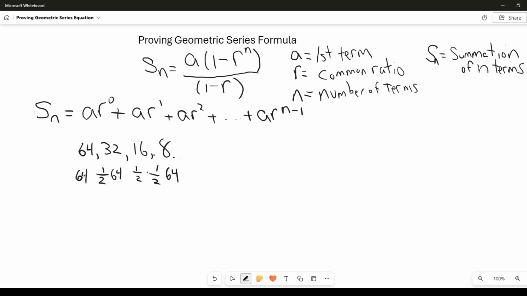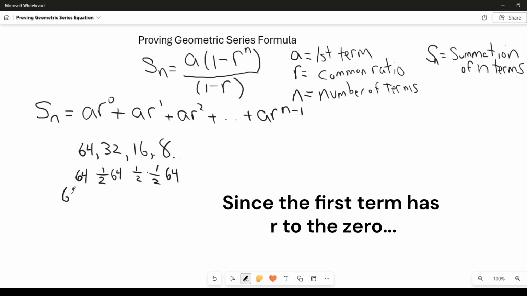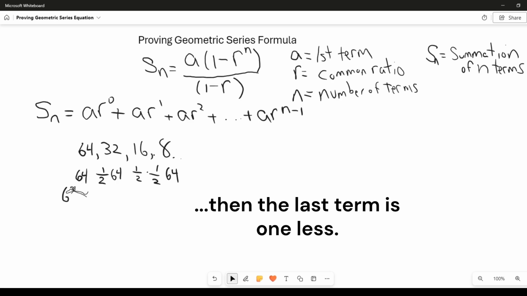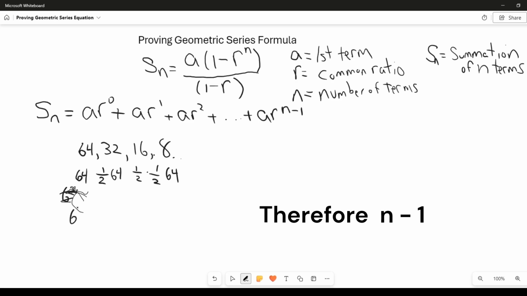Now, why do I do it to the 0? Because the 64 is really 64 times 1/2 to the 0 power. That's where this a times r to the 0 comes from, because you're not affecting the first term.